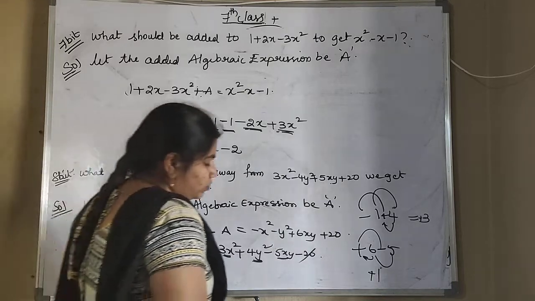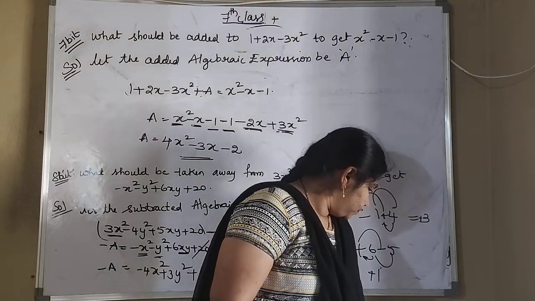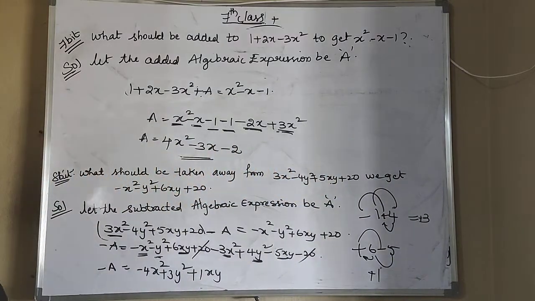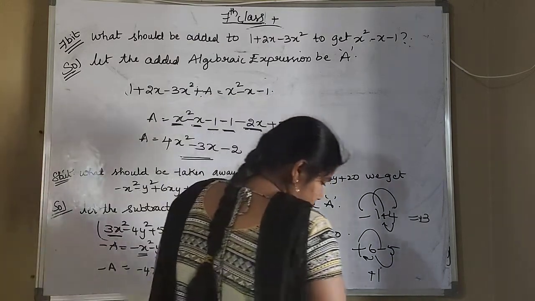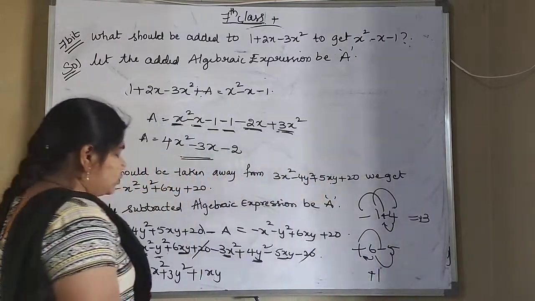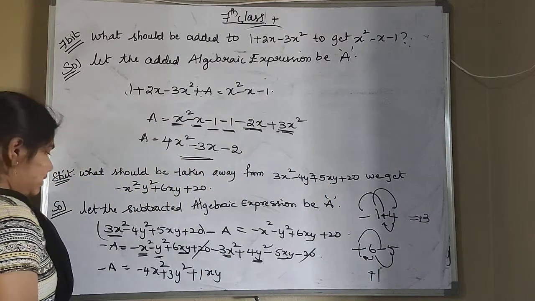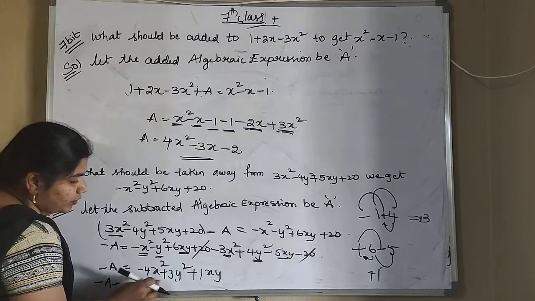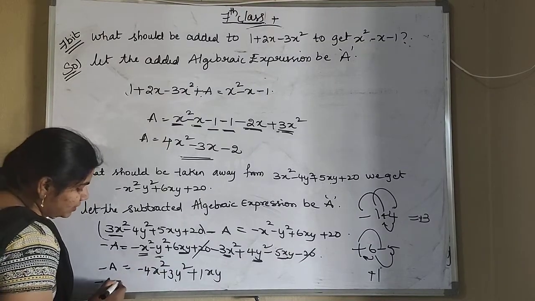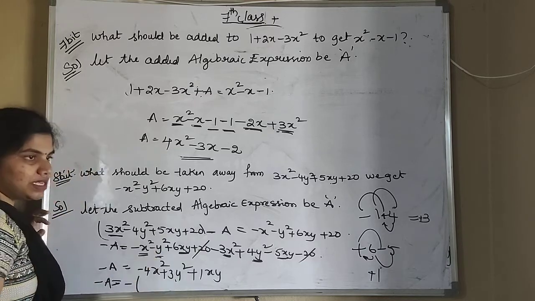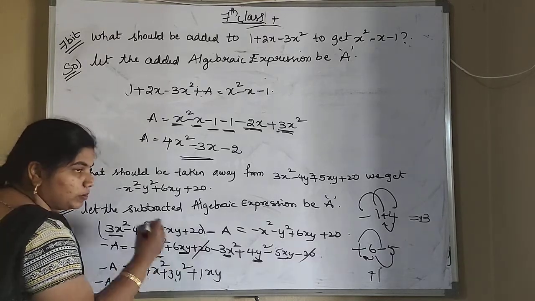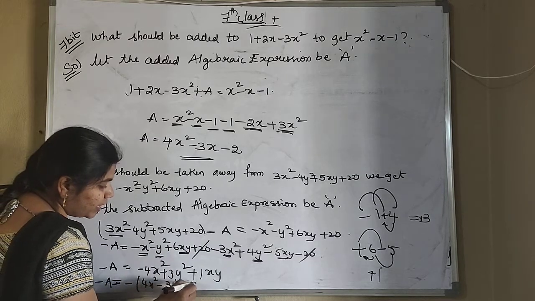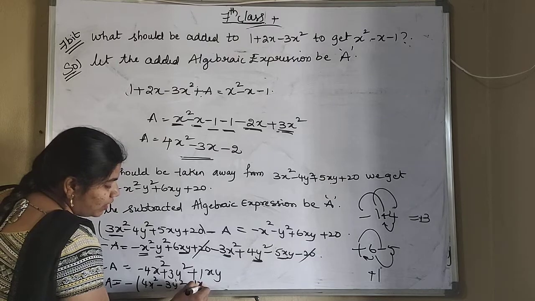Okay. So now here, plus 20 minus 20 will be cancelled. So from this whole term you take out minus as common. From this whole term we are taking minus as common. So if I take minus as common, all the signs will be changed. 4x square, this plus will become minus 3y square, plus will become minus 1xy.